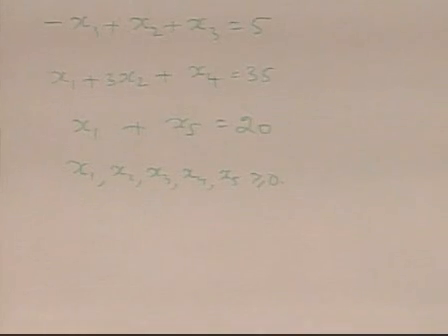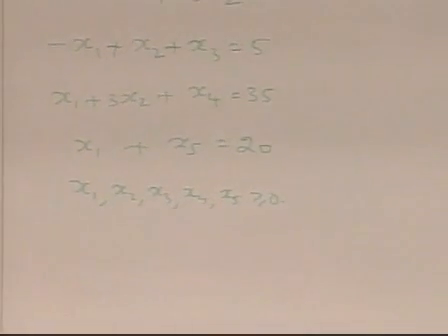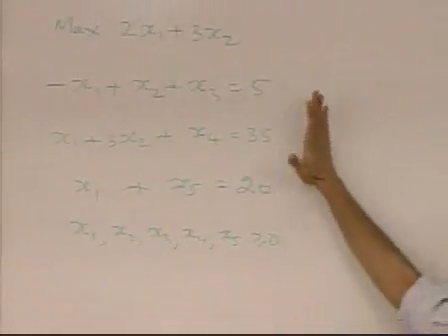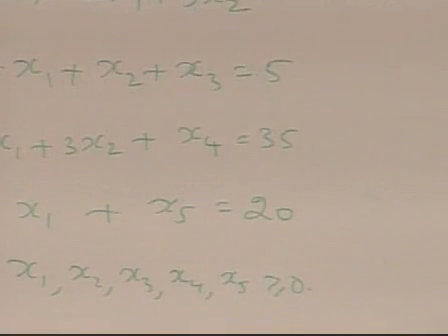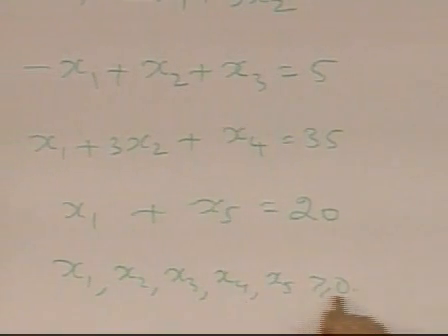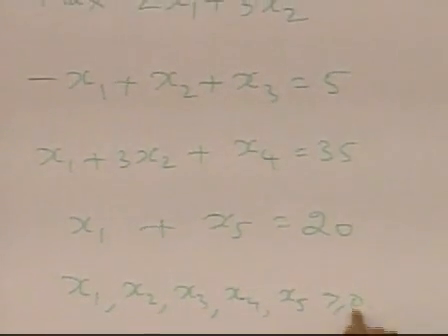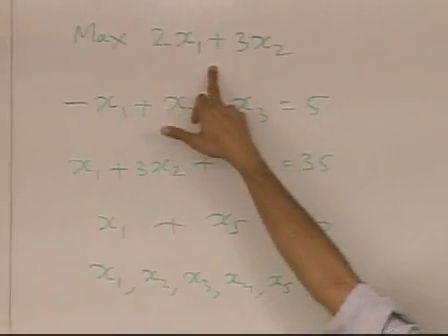So now I have a system of linear equations. There are 5 variables, 3 equations, and all of them have to be non-negative. And of course, I want to maximize a certain objective function.